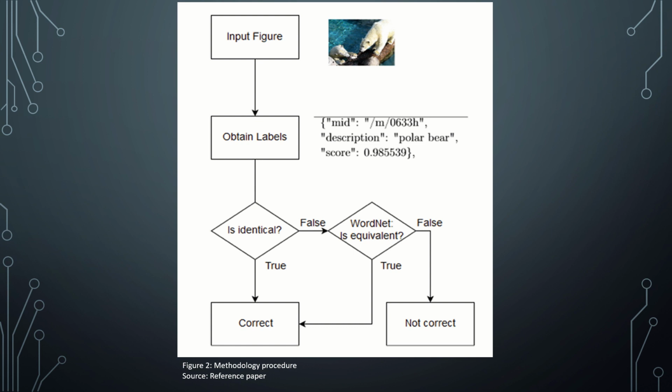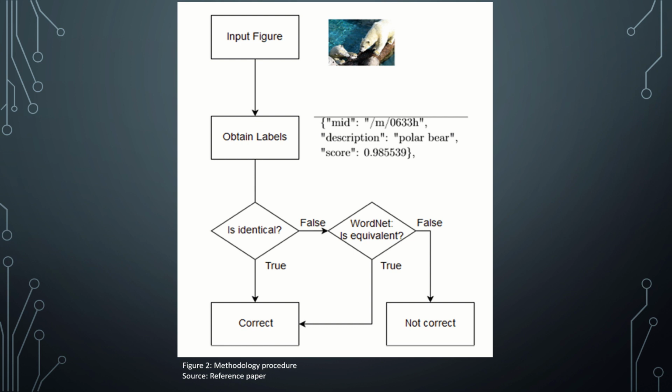So, to overcome these issues, WordNet can be used to find the synonyms of the same word, which can be used to reduce the semantic gap between the labels given by the image dataset and Cloud Vision API.